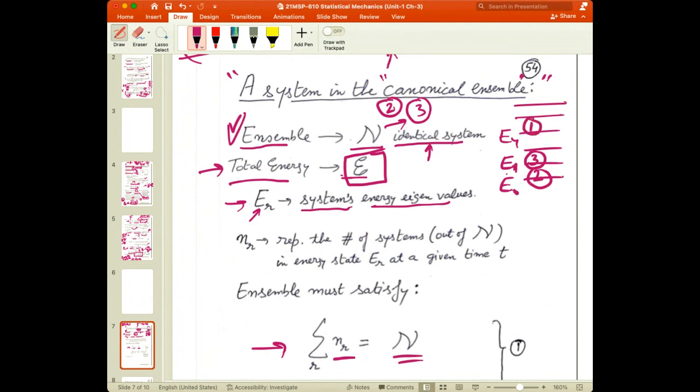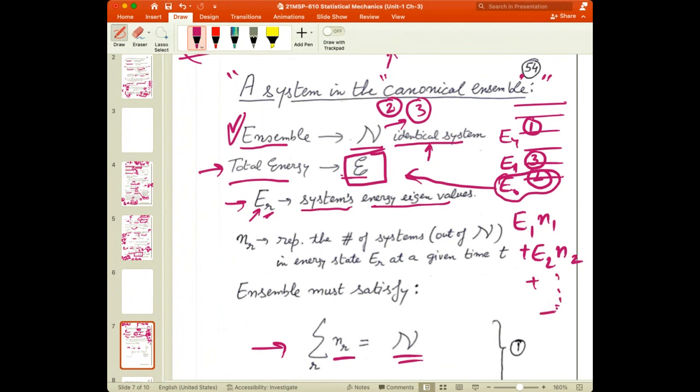So what's the total energy being contributed by this towards the total energy? That will be E1 into N1. So N1 is the number of systems in the E1 energy eigenstate out of these ERs. Similarly for the second level, that will be E2 into N2, the number of ensemble elements in the E2 energy state.